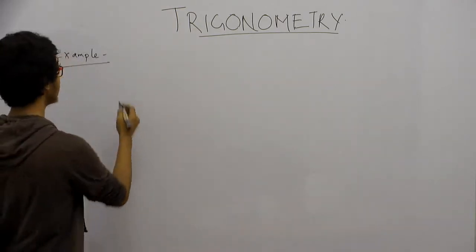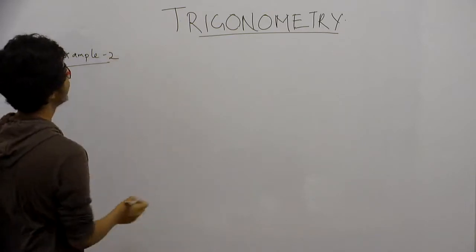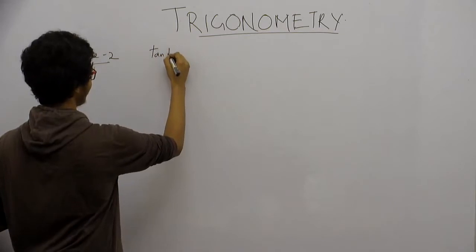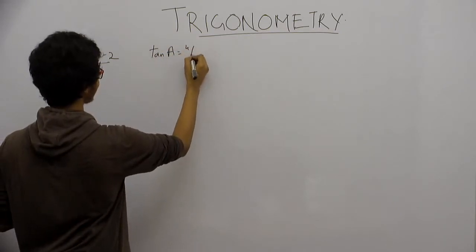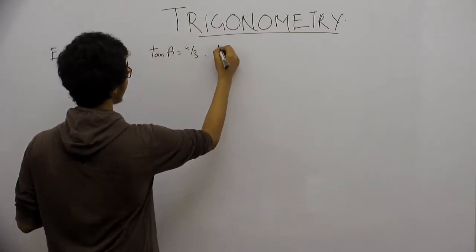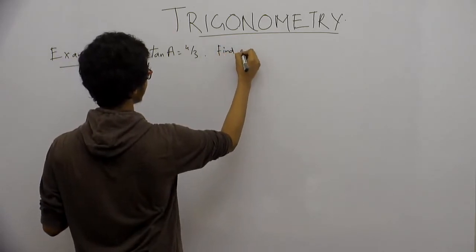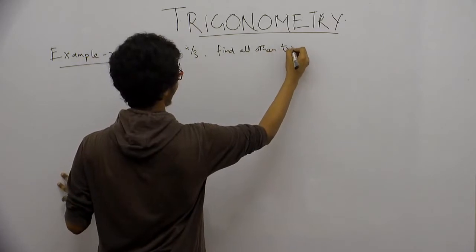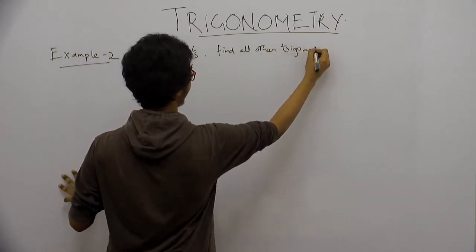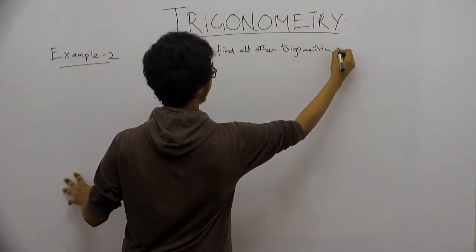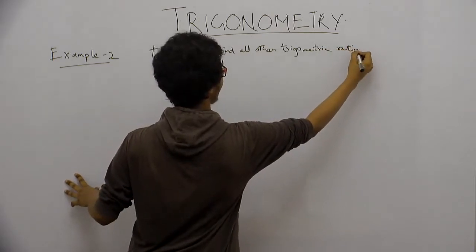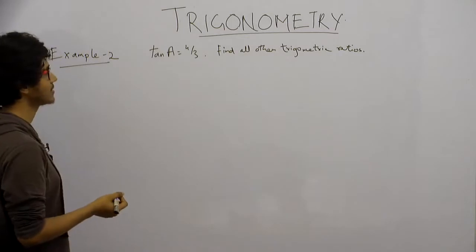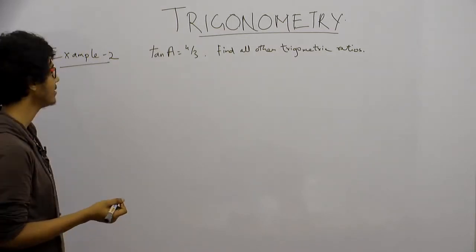Let's do another example. We are given the ratio of tan. We are given that tan A equals 4 by 3. We have to find all other trigonometric ratios. Now let's construct an arbitrary triangle.